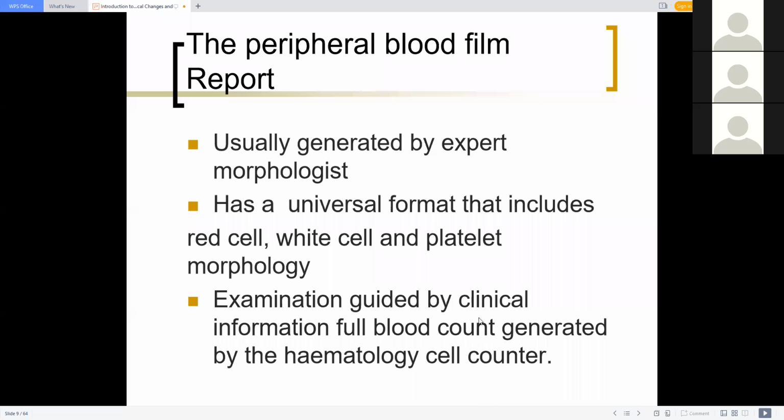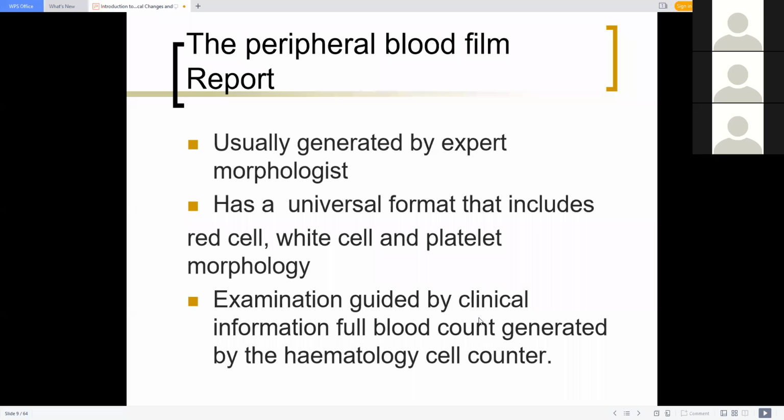The information is given by the clinical information that comes from the requesting doctor. For example, a patient may come to the hospital with complaints of abdominal swelling and vomiting, and may have yellow eyes, which is jaundice. So when the clinician is generating the request for a total blood count and a peripheral blood film, they will give that information, all right.